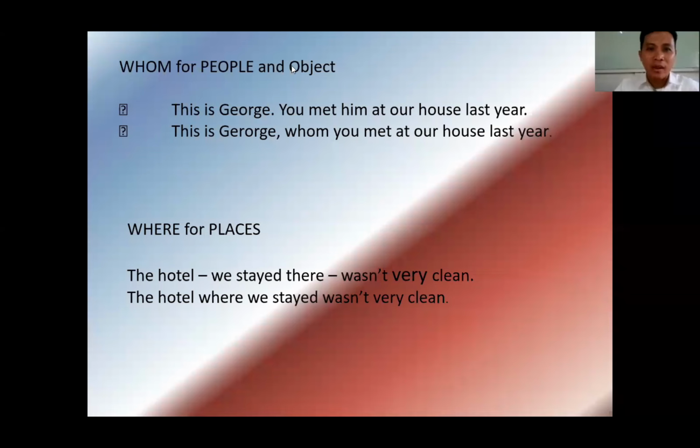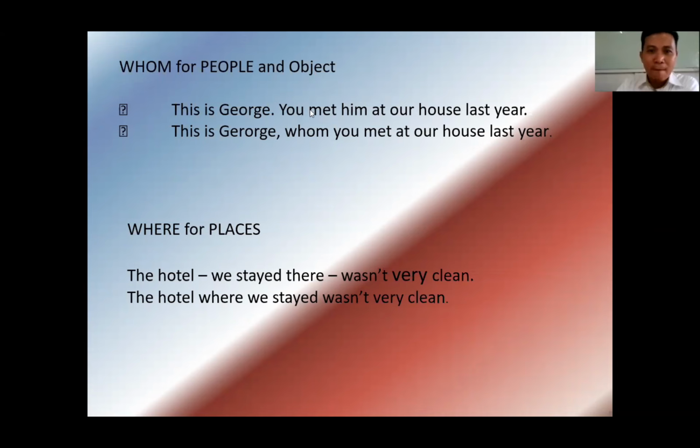Whom is for people and as an object. An example: This is George. You met him at our house last year. Now we change it to a relative clause: This is George whom you met at our house last year. Which one is replaced by whom here? Him. Him is an object, right?